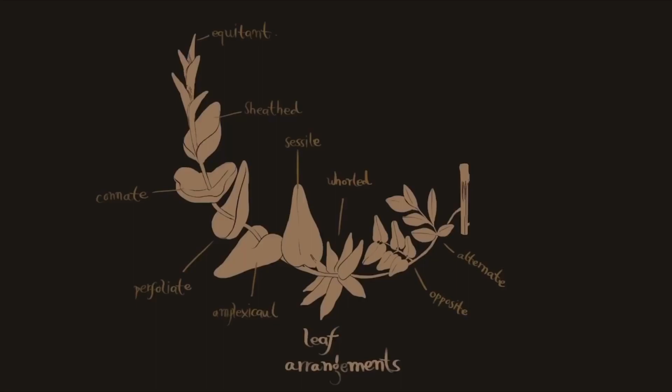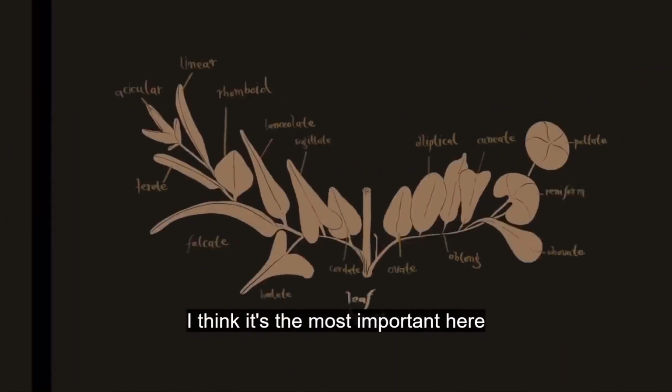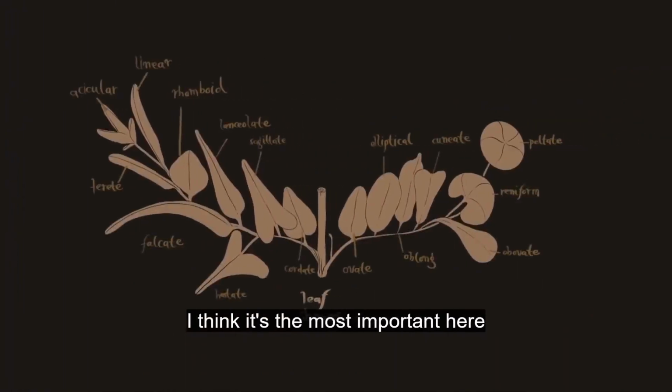The leaf shapes, I think, are the most important here regarding what we're looking at, because usually we only use ovate, cordate, and probably lanceolate leaves. So that's only three types of leaf shapes among all of these leaf shapes.